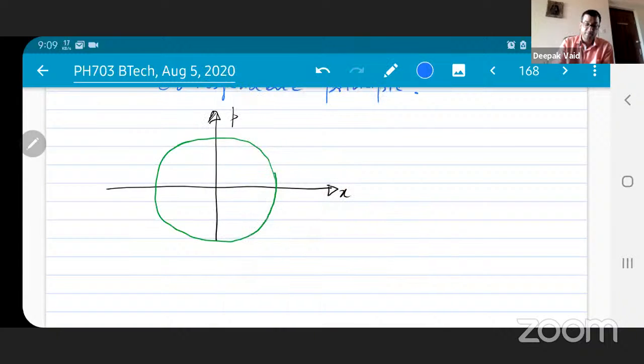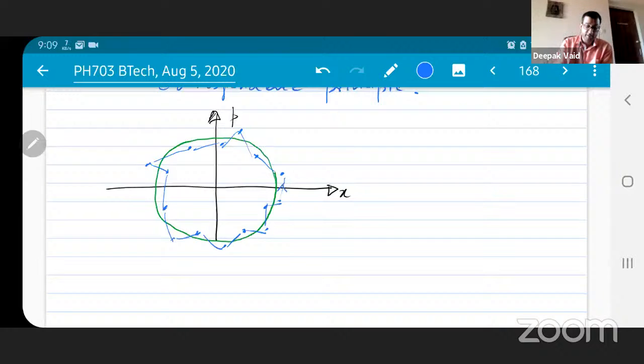Okay. But if I measure X and P at different points along this coherent state trajectory, what will I get? Sometimes I will get this, sometimes this, sometimes this. There will be a fluctuation around this coherent trajectory. It won't behave like a classical particle, right?